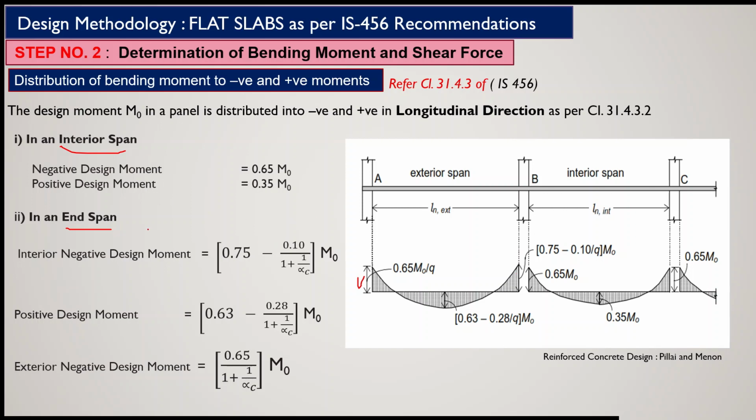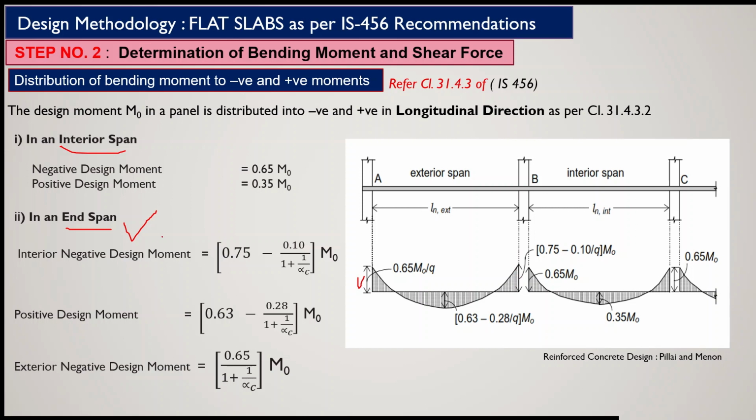Here we can apply all these guidelines, that means how you have to calculate. This is an exterior span, that means these guidelines are applicable. It is an end span. Interior negative design moment, now let us discuss. This is the interior part of the span, the interior support you can say.